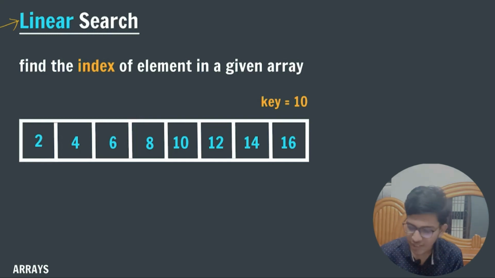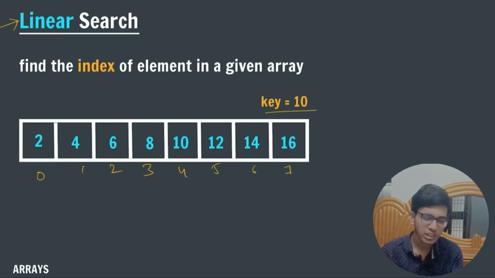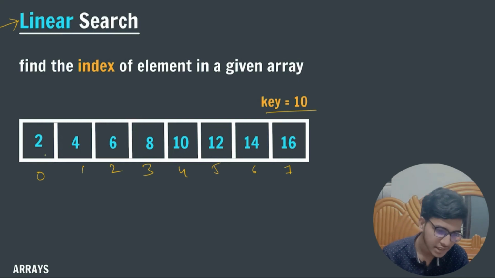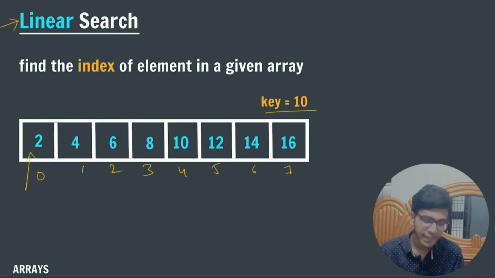Here, let us consider that the key will be provided by our user, and these are our indexes: 0, 1, 2, 3, 4, 5, 6, 7. I will search line by line. So this is our key. I will start searching for my key index by index. Let us consider that this is my indicator.